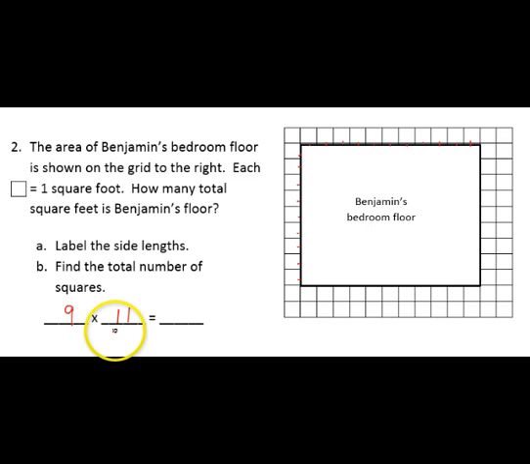If I don't know what 9 times 11 is, I could look at this, break it into 2 rectangles. This rectangle is 9 times 10, and this rectangle is 9 times 1. 9 times 10 is 90. 9 times 1 is 9. And then I just combine both of those for my final answer. There are 99 square feet on Benjamin's floor.